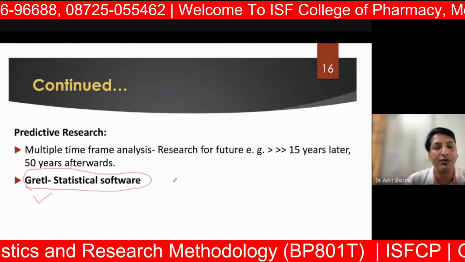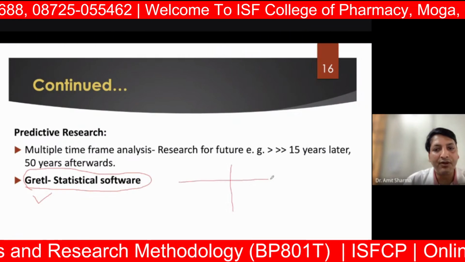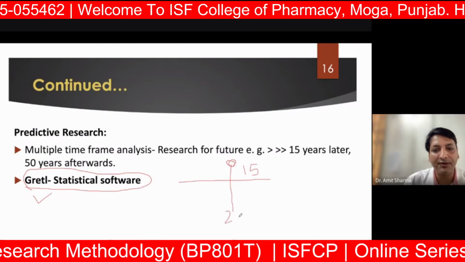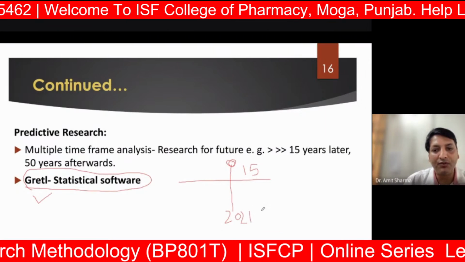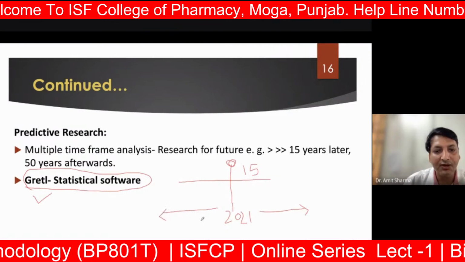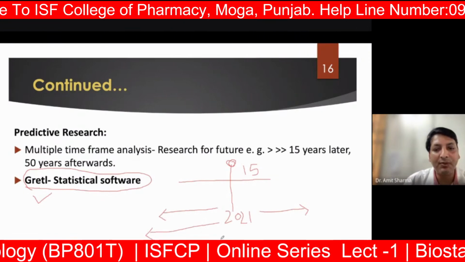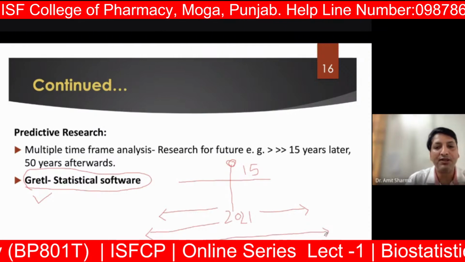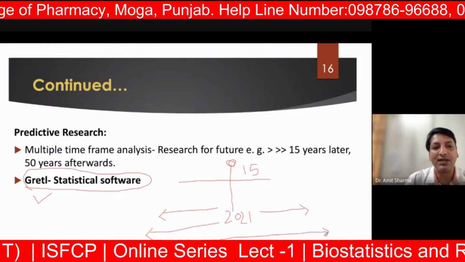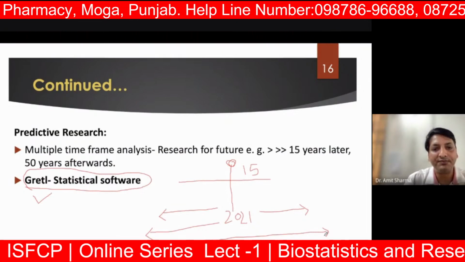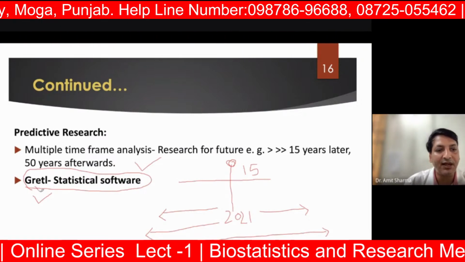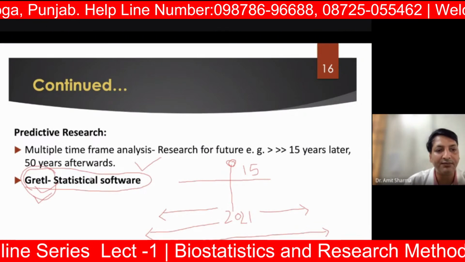For that, what you have to do, if you want to work for 15 years, for example, this is 2021, and you want to find out for the next 15 years, is add the data from the last 15 years into the Gretl software. Then only you can predict for the next 15 years. So however many years you want to predict, you add the data for the previous years inside the software, and the software we are using for that is Gretl.